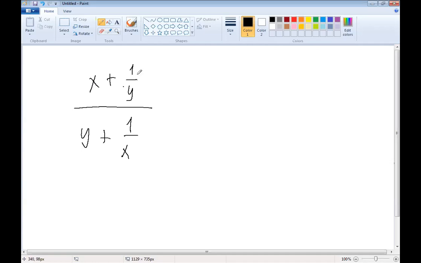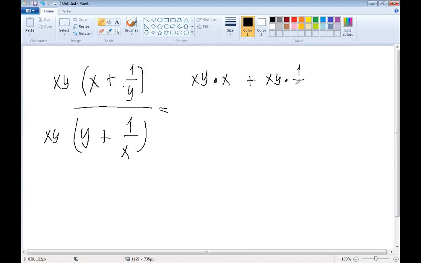So the easy way is to multiply the numerator by xy, and multiply the denominator by xy as well. The result will be: in the numerator, xy times x, using the distributive property of multiplication, plus xy times 1 over y.